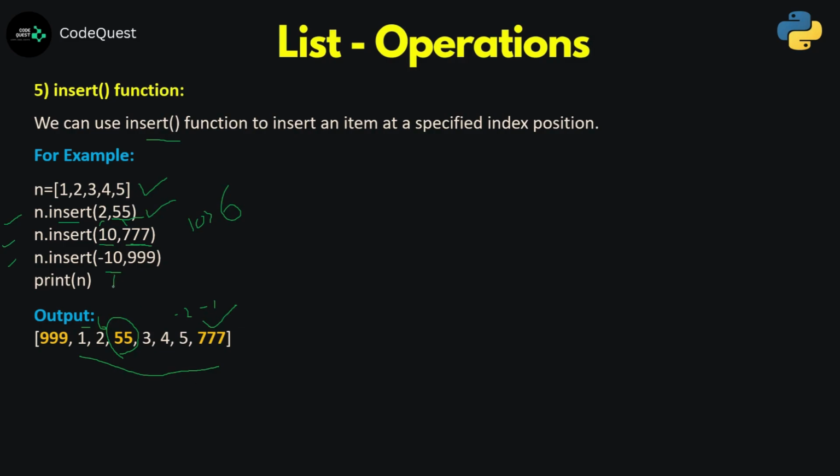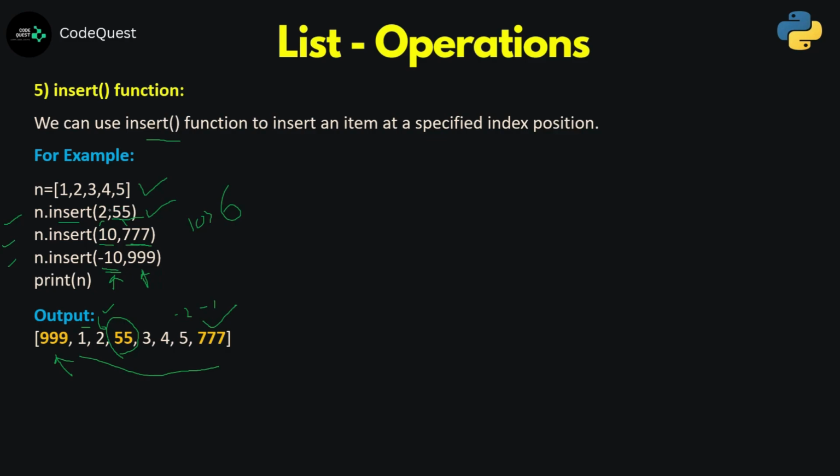But here I'm specifying -10, which is again not available here. We have up to -6, we don't have -10. So as a result of this, what will happen? This element will be added at the beginning of the list.